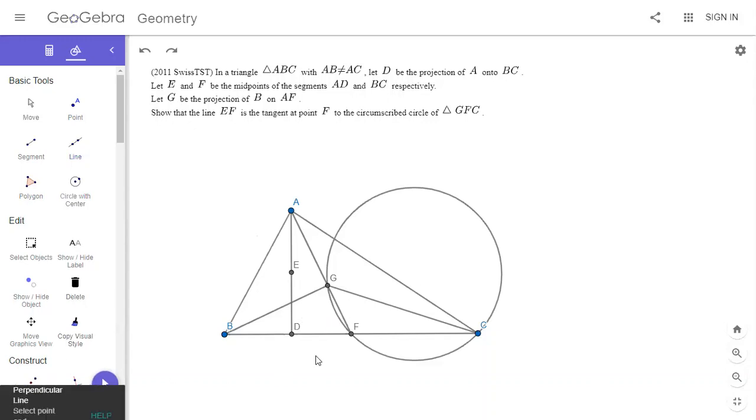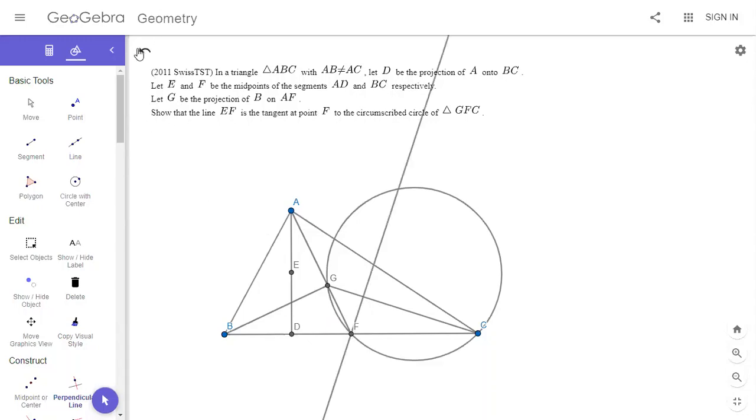Basically, let's try this. I'm thinking, trying different things in my head. I feel like there's got to be some right triangle that's similar to AFD. Yeah, what if we draw the perpendicular from C to AF?